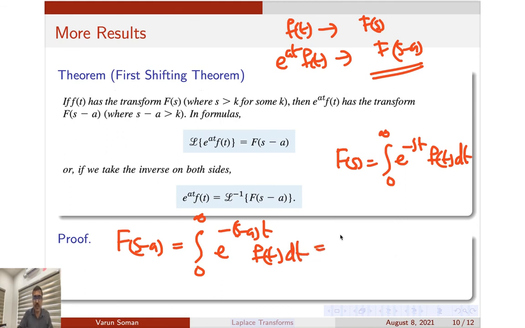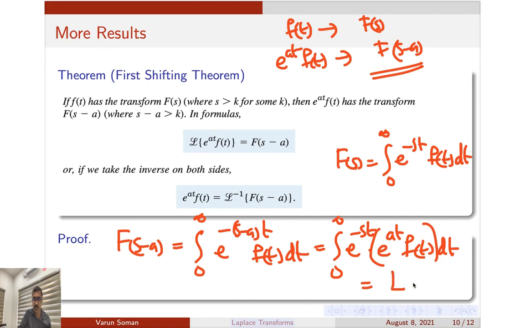So this is integral 0 to infinity e raised to minus st, into e raised to at, I have split that power function of e, into f of t dt. And this I can say is actually the transform of e raised to at into f of t. That is how we write it.